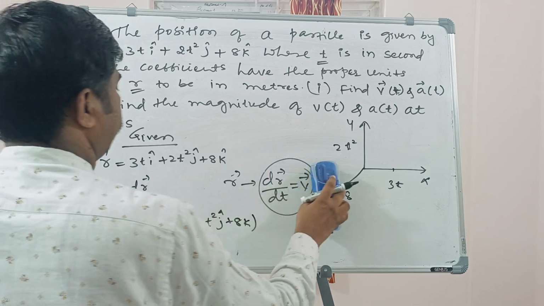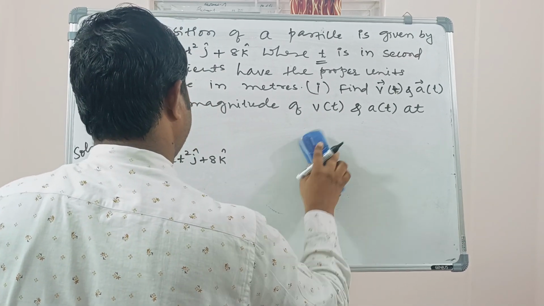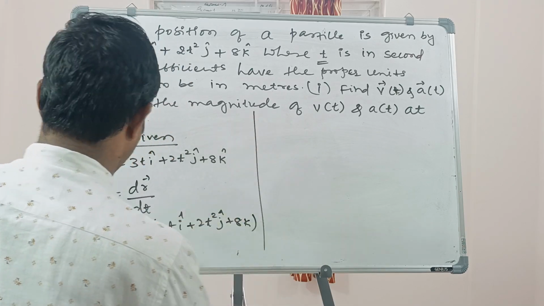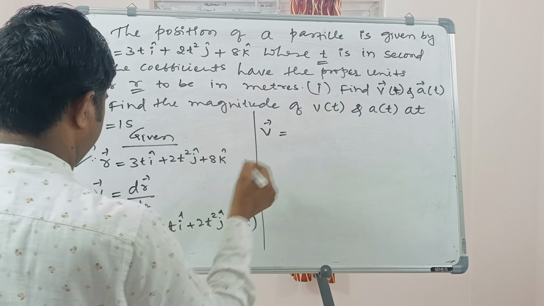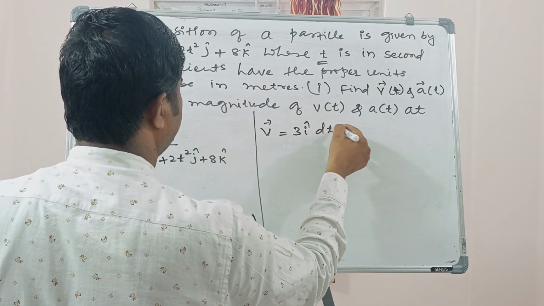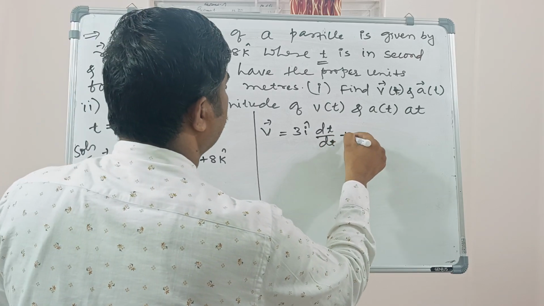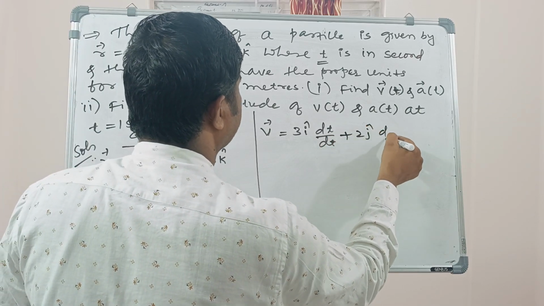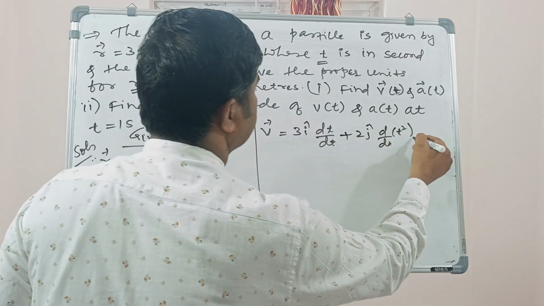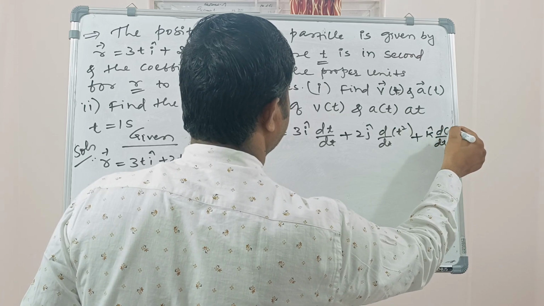So here velocity is, 3 i cap I will take outside, and the differential form of dt by dt, plus 2 j cap I will take outside, and the differentiation of t square remains there, plus k cap is taken outside, differentiation of the constant term 8.